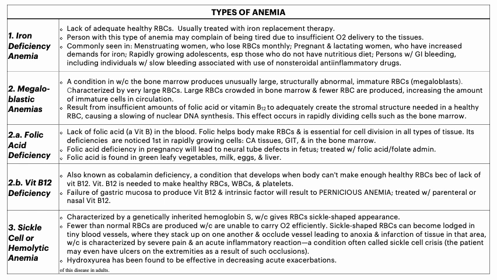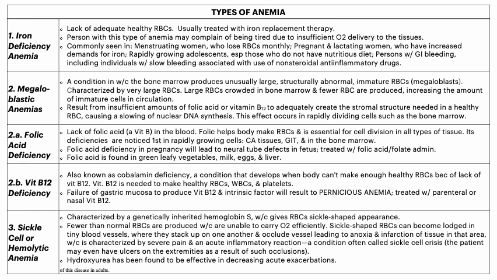The second type we have is megaloblastic anemias. This is a condition in which the blood or the bone marrow produces unusually large, structurally abnormal immature RBCs. We call that megaloblast, characterized by very large RBCs, and these large RBCs crowd the bone marrow, and fewer RBCs are produced because of that, increasing the amount of immature cells in the circulation.